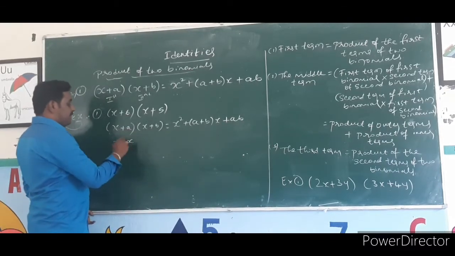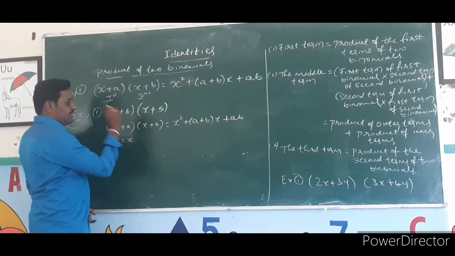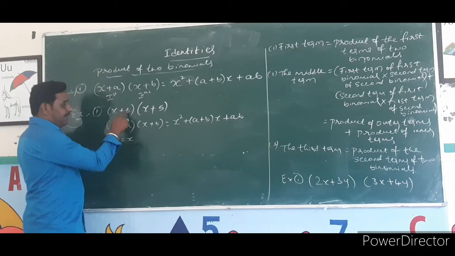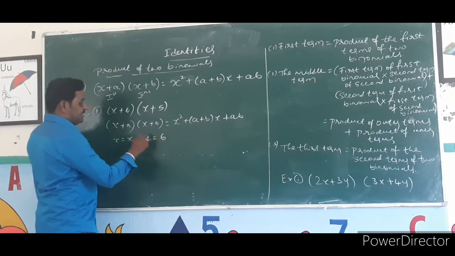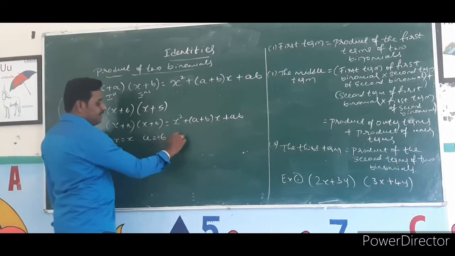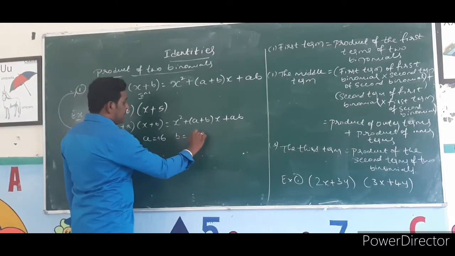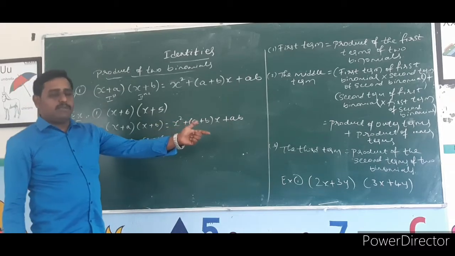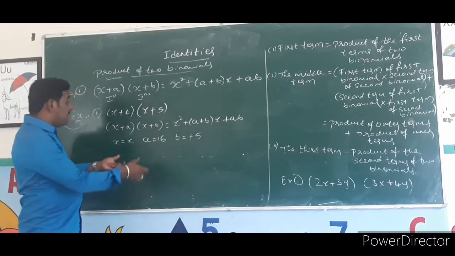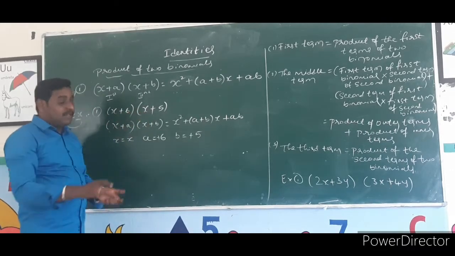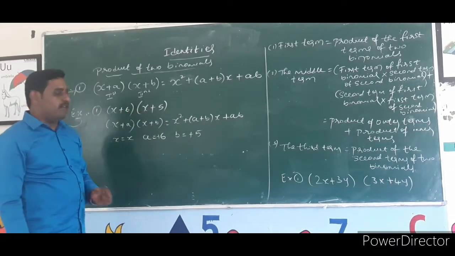In the place of a, what is it? a is equal to 6. In the place of b, it is plus 5. Before I solve this problem, one instruction: only when the first terms of both binomials are the same can we easily apply this formula.